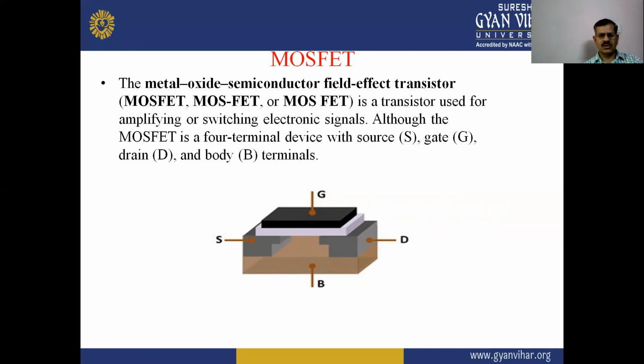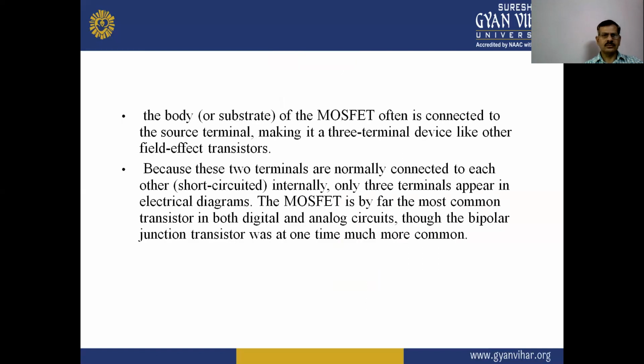We can also see this in this diagram of the MOSFET, with source, gate, body, and drain terminals. The body or substrate of the MOSFET often is connected to the source terminal, making it a three-terminal device like other field effect transistors.